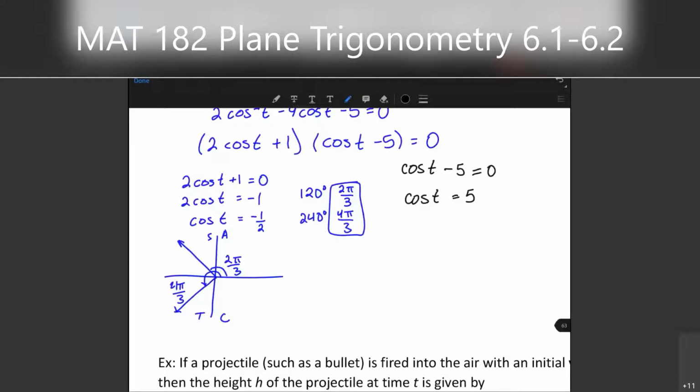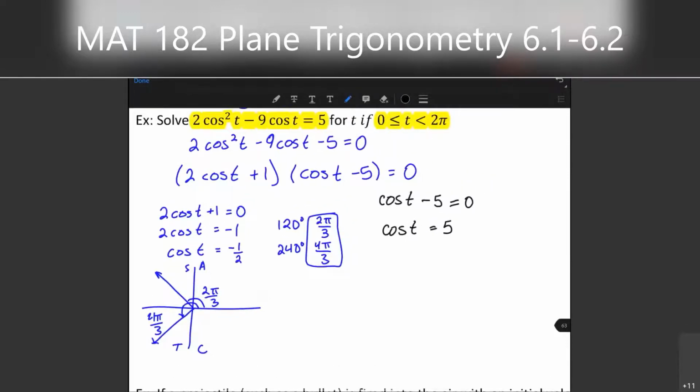Okay, Sam says no. What is the restriction for cosine? Where would we find solutions for cosine? Yep, exactly. Any values here, that's certainly where the angles we're looking for would be, but the cosine function ranges from -1 to 1.